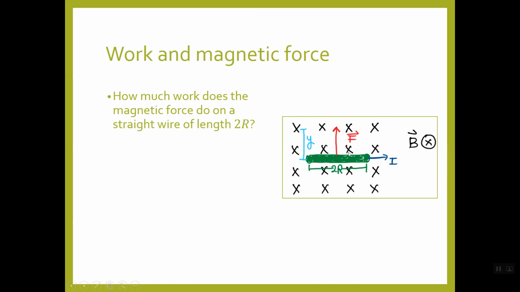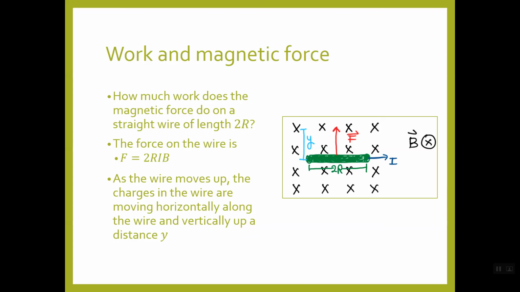You would have calculated in the previous problem that you get this upward force on the wire. So the force on the wire is 2RIB. This is what you calculated in example problem 5.1.